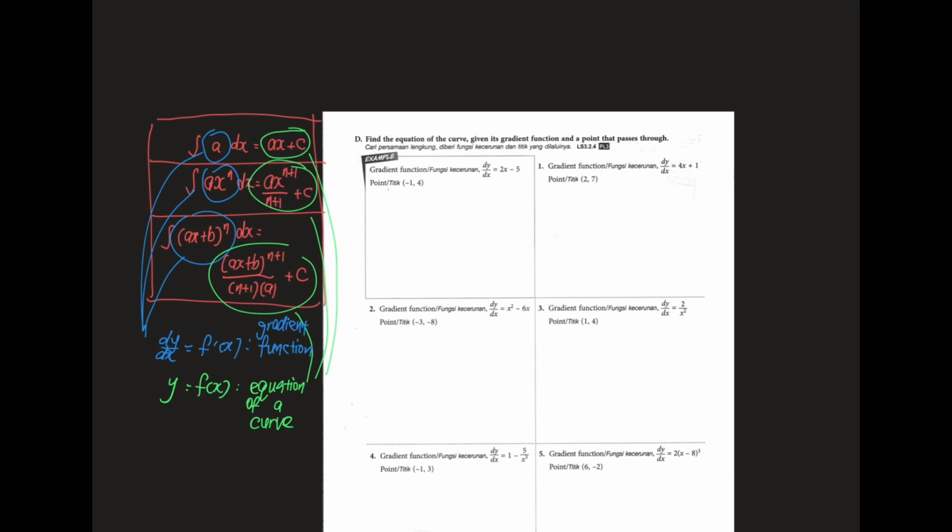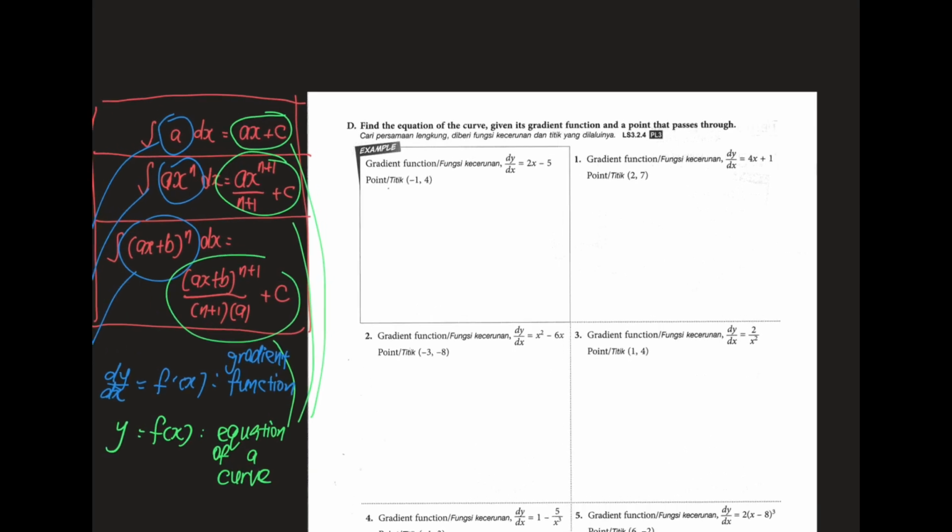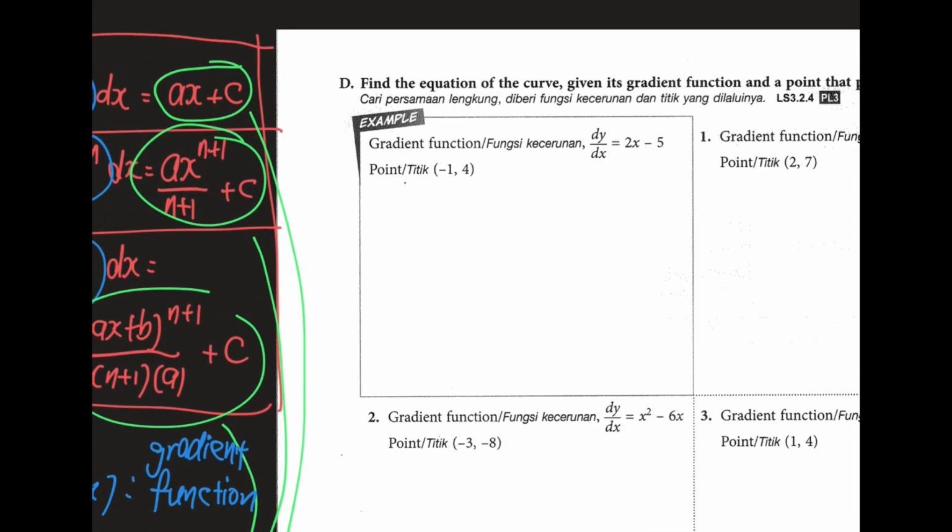Okay, so we can just write like this. Let's say for this question, the gradient function dy dx equals 2x minus 5. You just need to integrate the gradient function, and you can put y in front, because after you integrate you will get the equation of the curve, which is y.